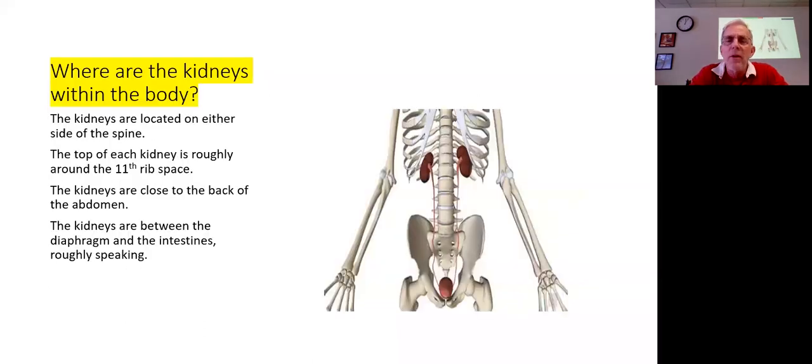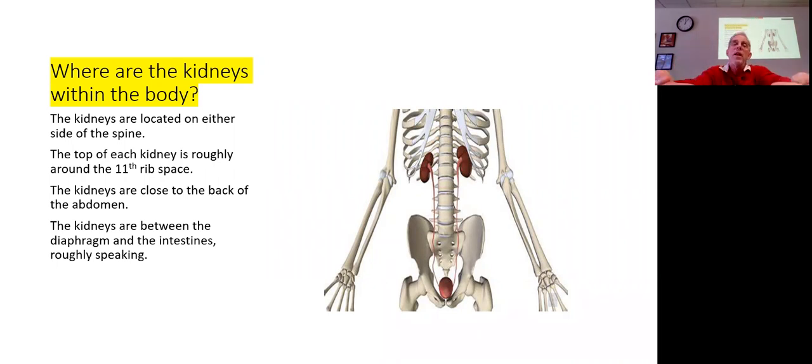And so the kidneys are usually located right near the base of where, if you think about your ribs, right near the 11th or 12th ribs in the back, that's where your kidneys tend to be. So that would be in the higher lumbar region of your spine and lower thoracic region.